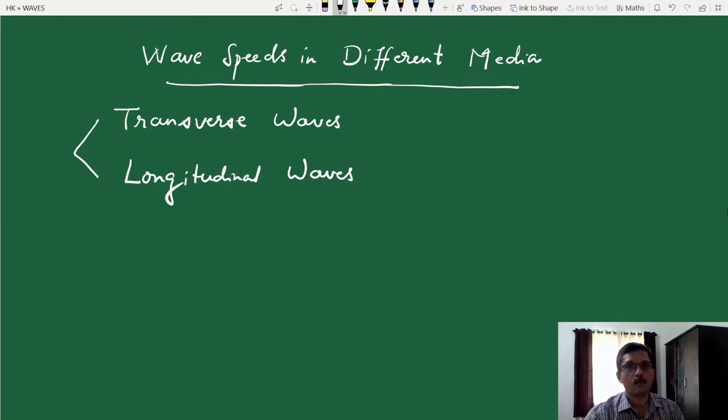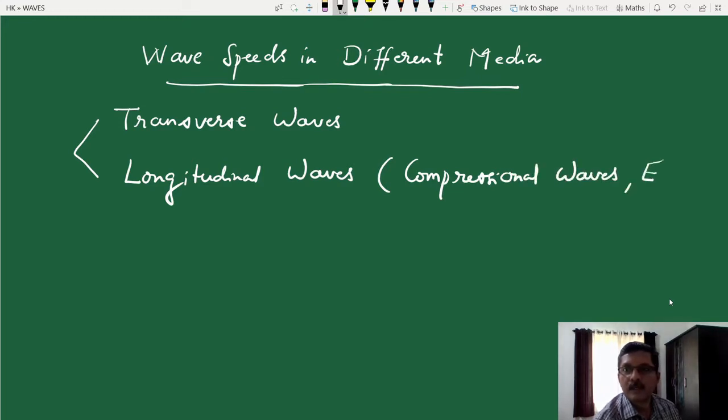Most important example is sound wave. Sound wave passes through air in compressions and rarefactions. So here the air molecules will be vibrating parallel to the direction of propagation of sound. So that is a longitudinal wave. And longitudinal waves can pass not only through air, they can pass through solids, liquids, etc. Since these longitudinal waves propagate by compressions and rarefactions, they are also called compressional waves.